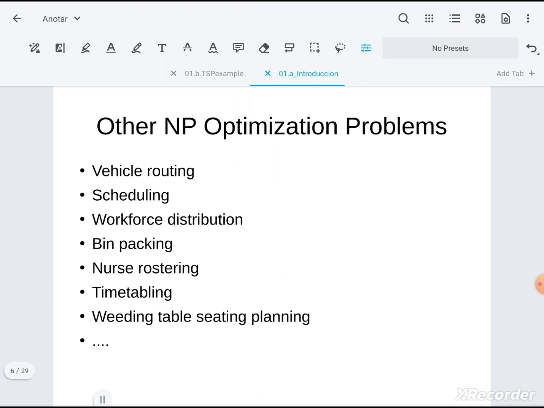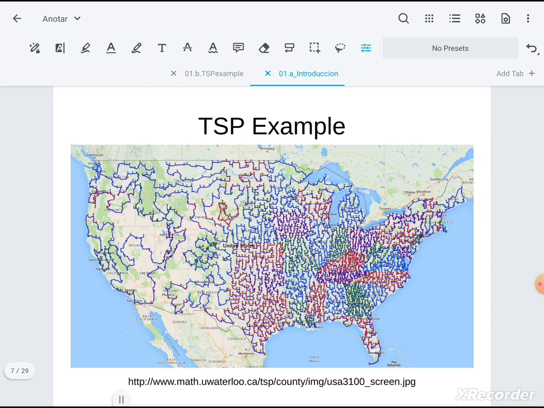There are many other difficult problems, NP problems. Here you have some names. And this is just a nice example of the traveling salesman problem with 3,100 customers.